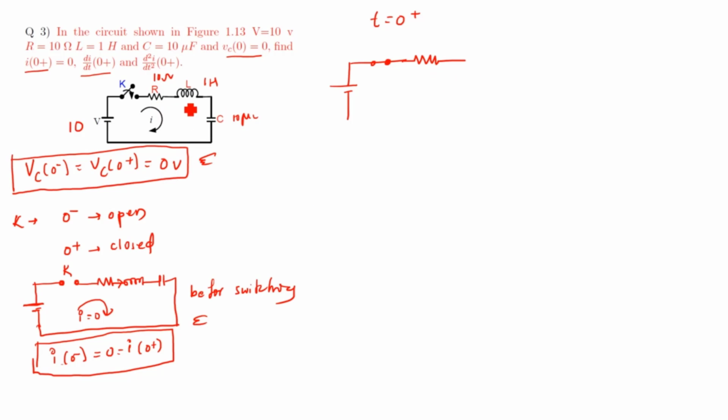What about the inductor? Inductor is carrying 0 current, so it should be replaced by an open circuit. And capacitor is carrying 0 volt, so it should be replaced by a short circuit. It is the equivalent circuit immediately after switching.